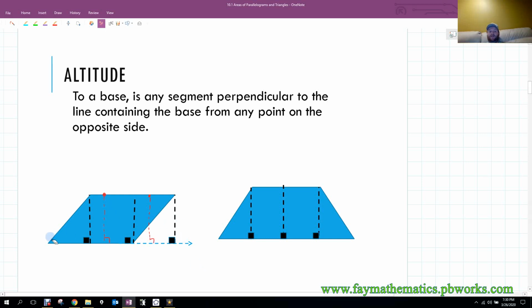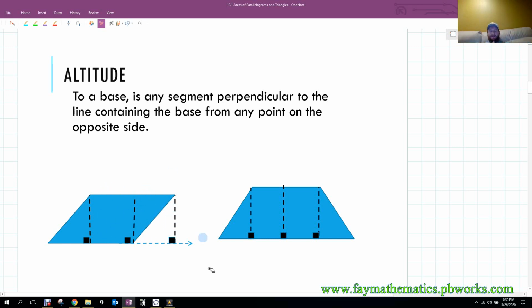Okay, if you think about this blue dotted line down here kind of being your desk, and if you guys remember back to like 7th and 6th grade, maybe 5th grade, you had tangrams, and you would put them, they're blue, yellow, red, orange, and you put them together. If you took one of those tangrams and set it up on your desk and measured from that corner straight down, that would be essentially the height or the altitude of that tangram.